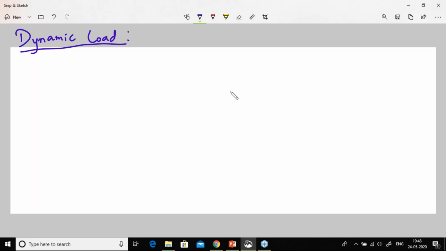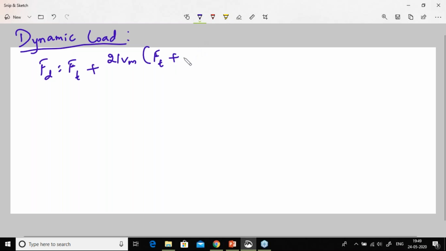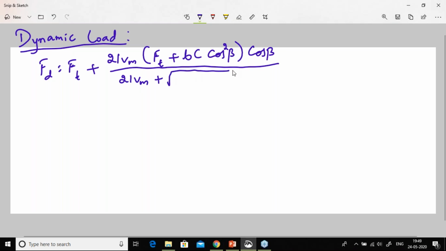So according to Buckingham, the dynamic load of the helical gear is given by the equation Fd is equals to Ft plus 21 Vm into Ft plus Bc cos square beta into cos beta divided by 21 Vm plus square root of Ft plus Bc cos square beta.